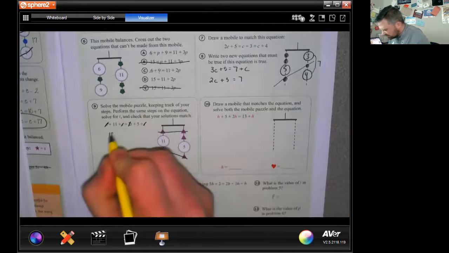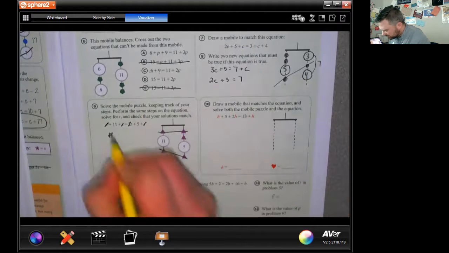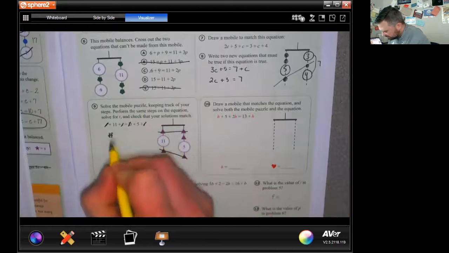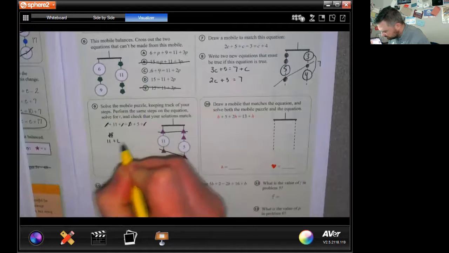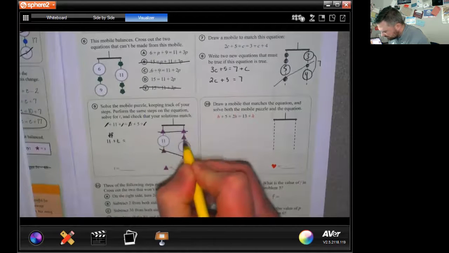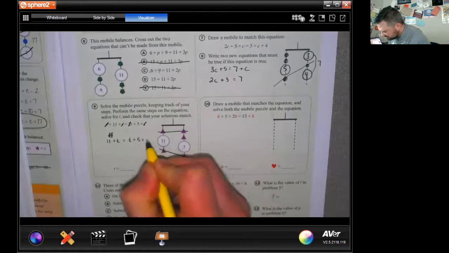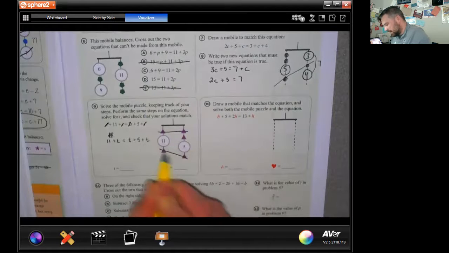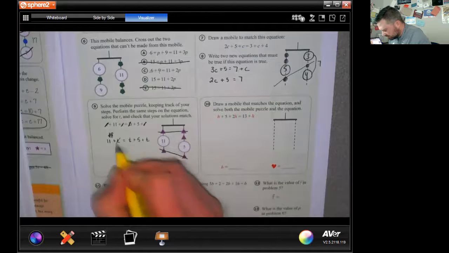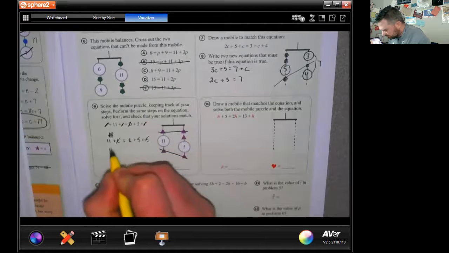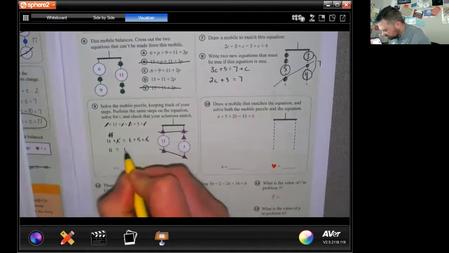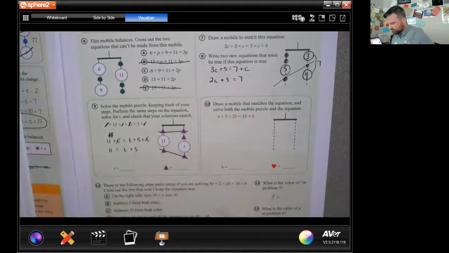Well, we can do it one at a time. So I cross out this one. So I have 11 plus t equals t plus 5 plus t. And then we cross out this last one, so this one and this one. 11 equals t plus 5. And now I need to cancel my numbers.